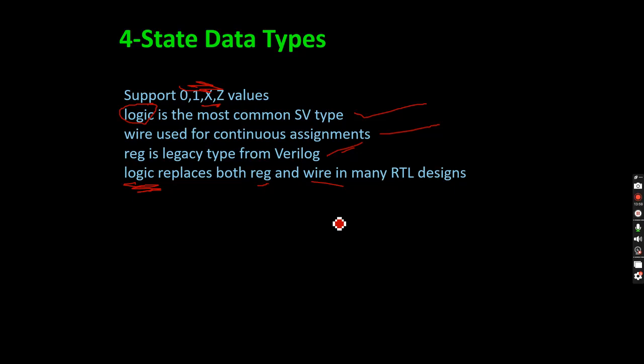Instead of declaring wire and reg, we can just declare logic. So that confusion we are going to avoid by using the logic data type. The logic data type supports the always block as well as initial begin, anything. Continuous assignment as well as procedural assignment, the logic data type will support.